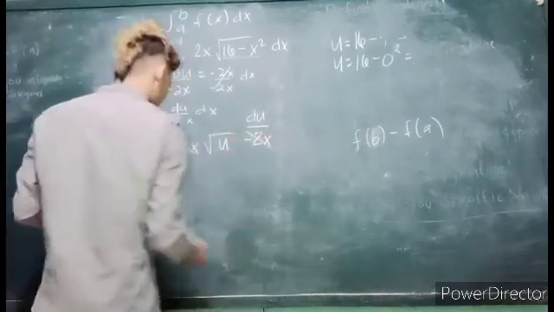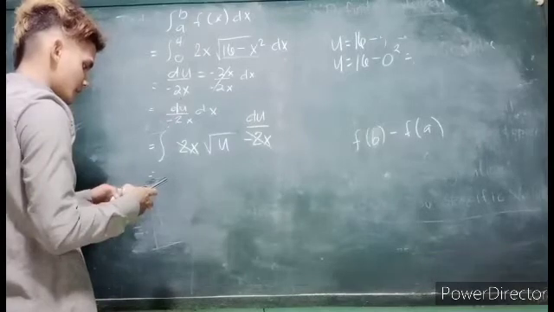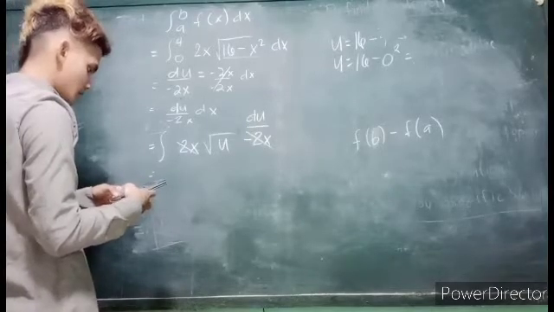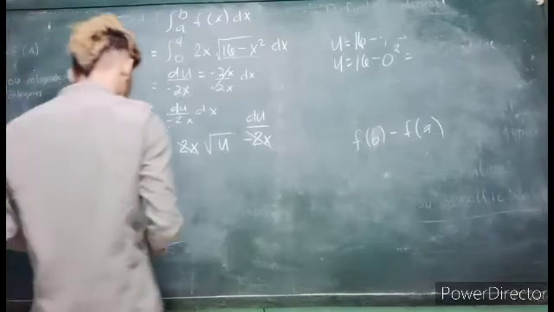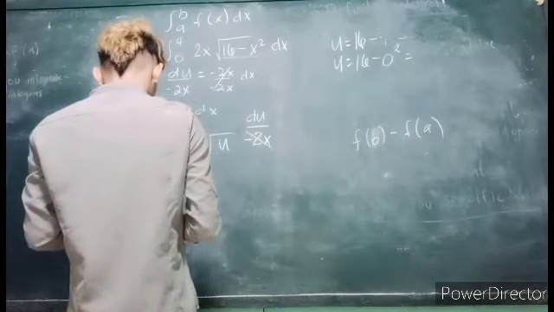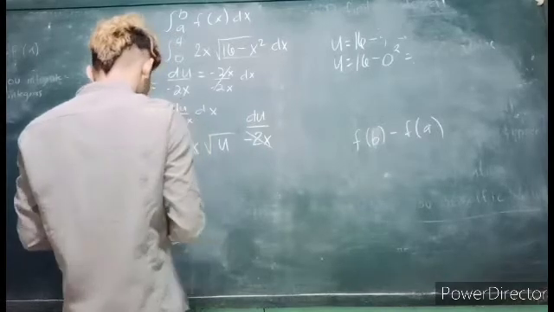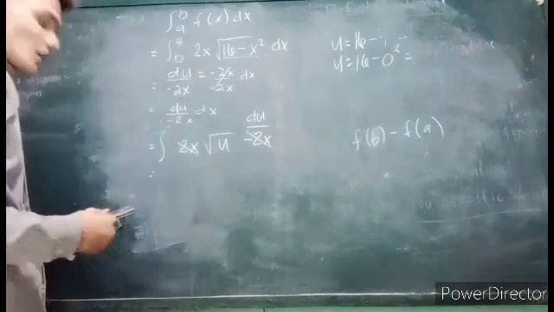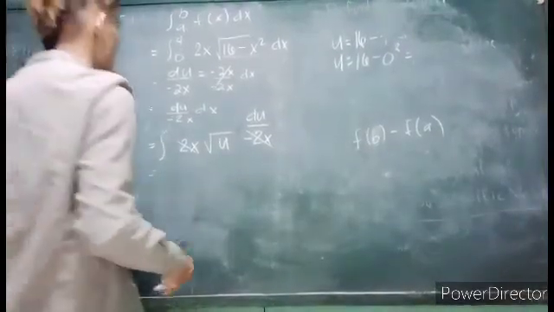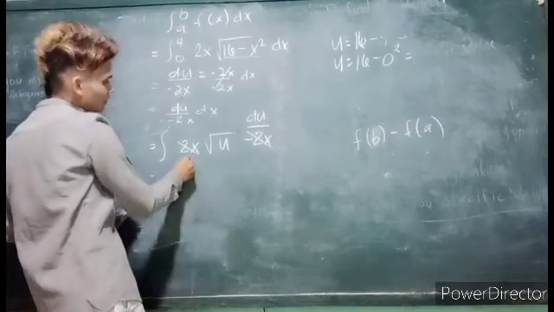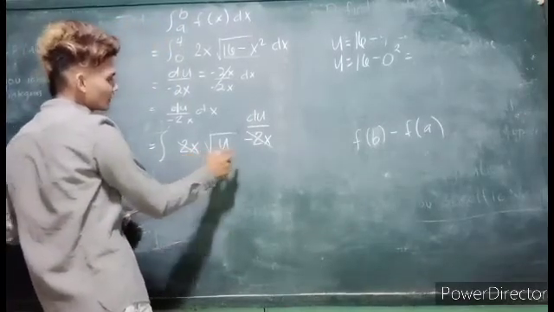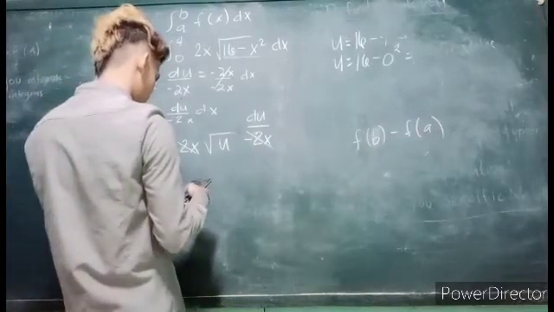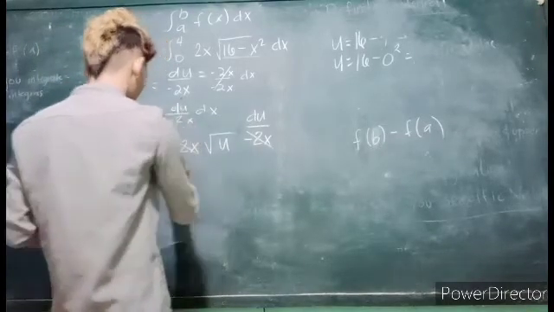So positive 2x divided by negative 2x equals 2 divided by negative 2, which is negative 1.